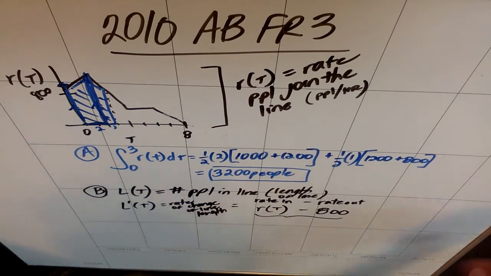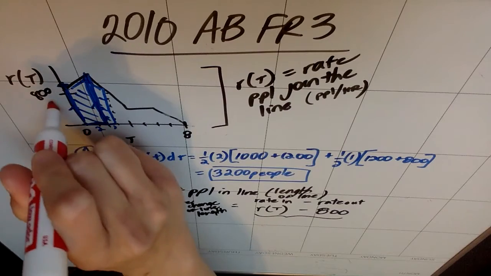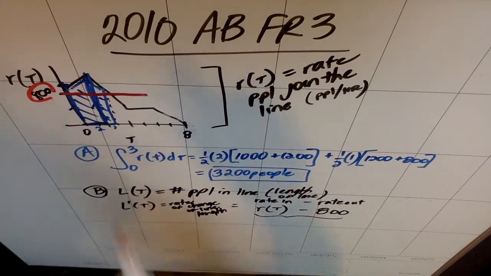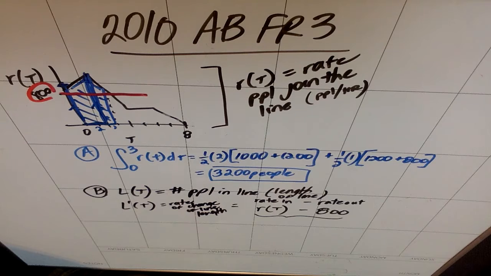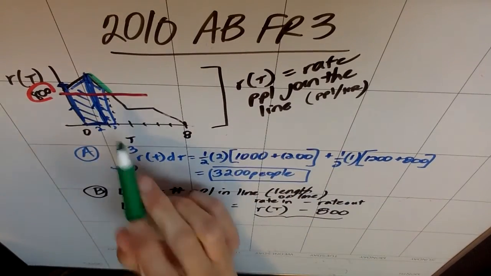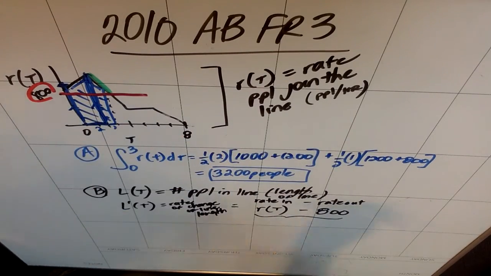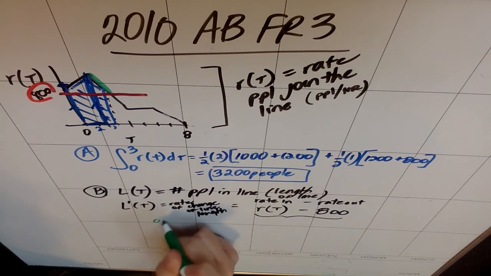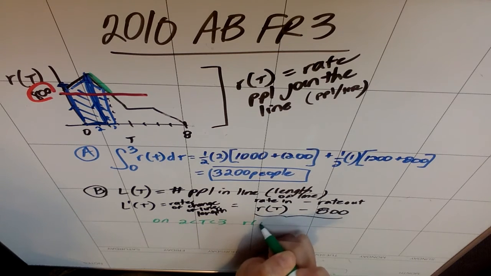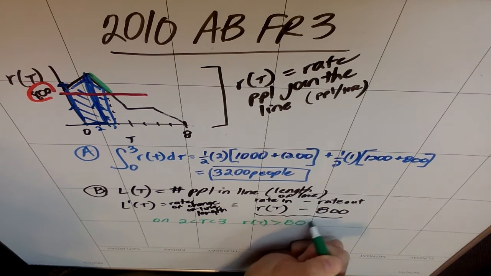So the reason that's relevant, I'm going to go back up to my really terrible graph, and I did go out of my way to label 800 on here, is that in the window from 2 to 3, R of t is up here, and 800 is down here, meaning that R of t is bigger than 800. So since on the window from 2 to 3, R of t is bigger than 800, the line's getting longer.